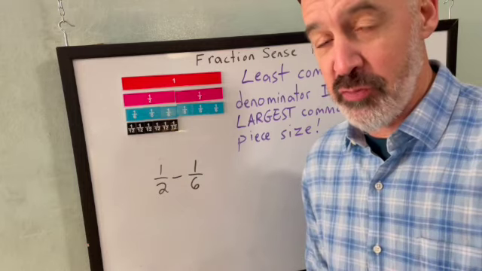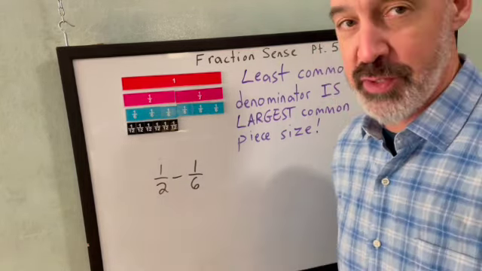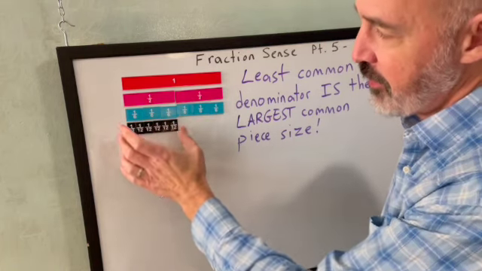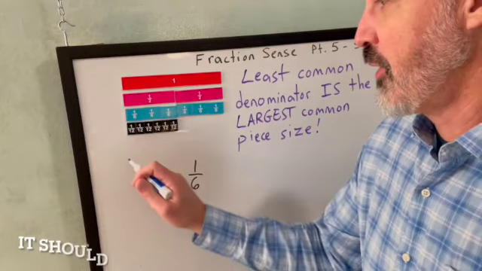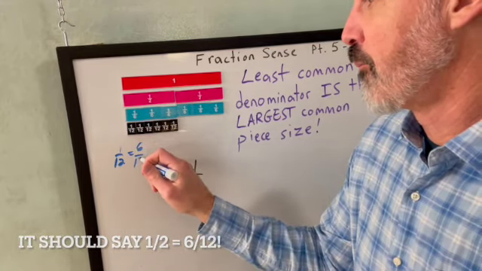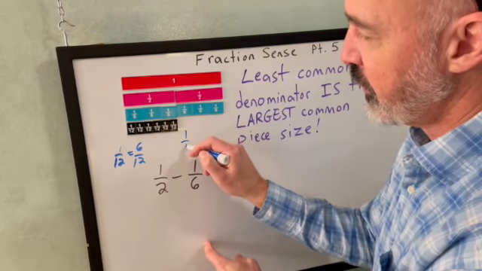So here we have 1/2 minus 1/6. To review the two ways we talked about finding the common denominator, you could multiply 2 times 6 and get 12, and 12ths works because 1/2 is equal to 6/12, and 1/6 is equal to 2/12. You can see that.